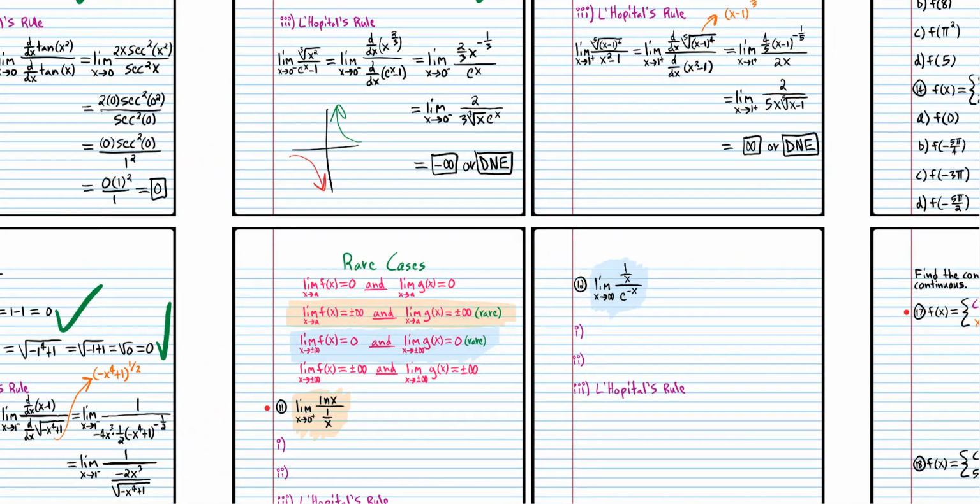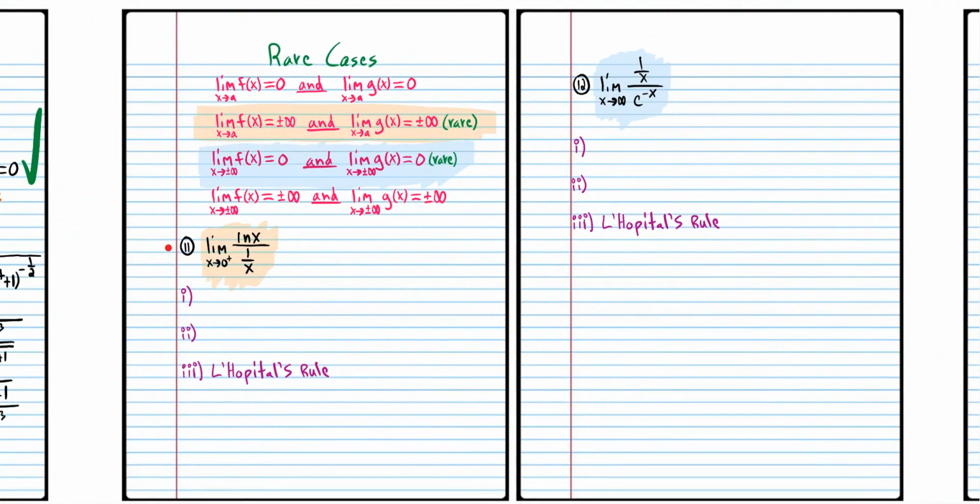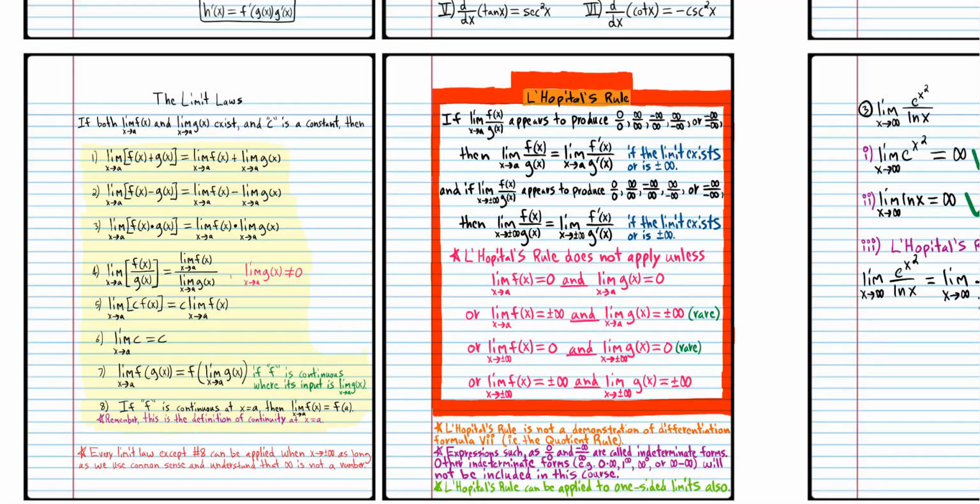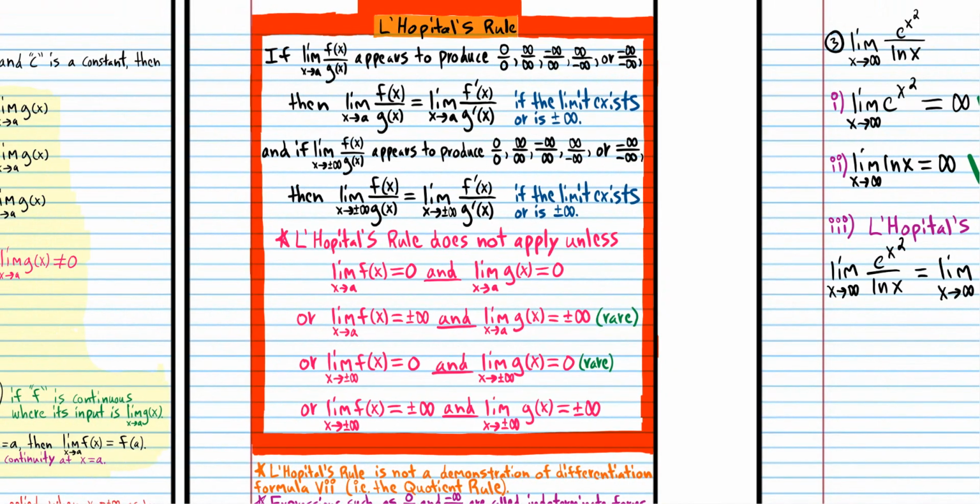Okay, so now we're going to briefly talk about the rare scenarios where we use L'Hopital's rule. If we look at L'Hopital's rule, we see that we have these 4 scenarios.